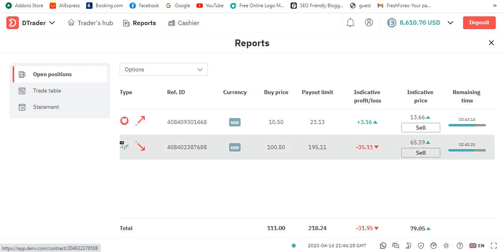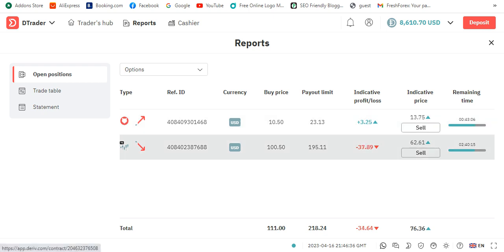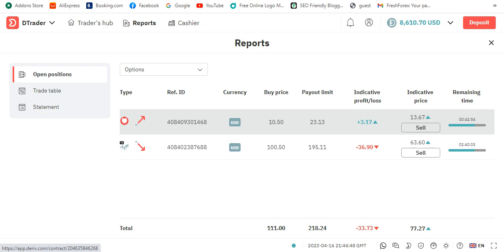Okay, this is the other trade I entered before. This is the current one, but this is the one I entered using another market entirely. This is 75 volatility, another market entirely.